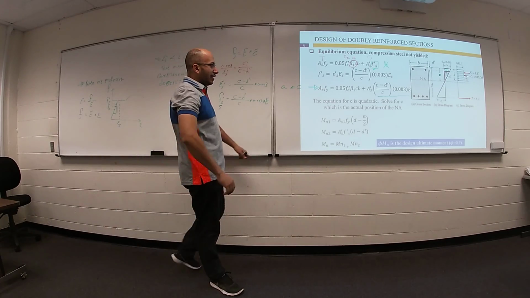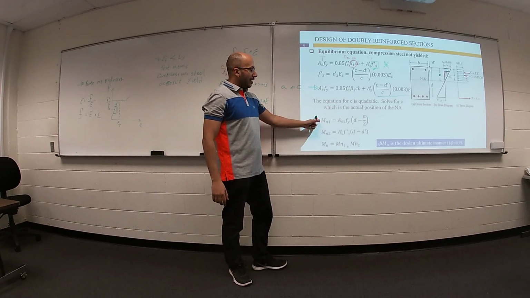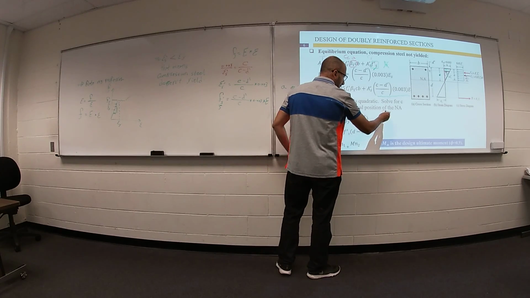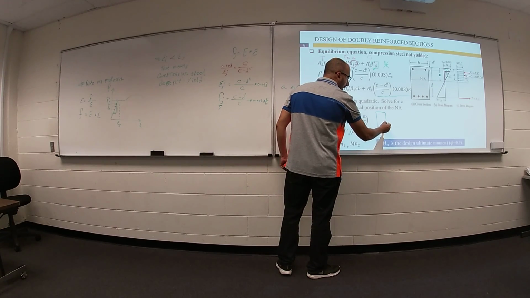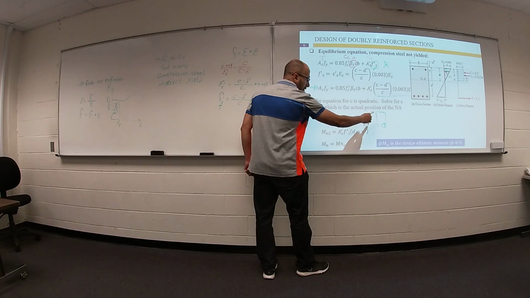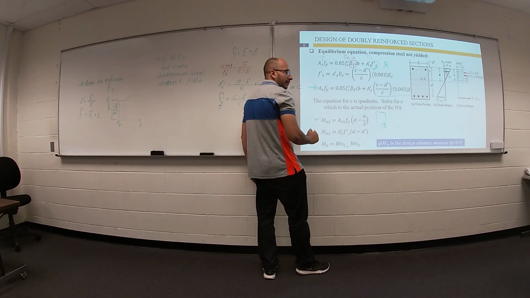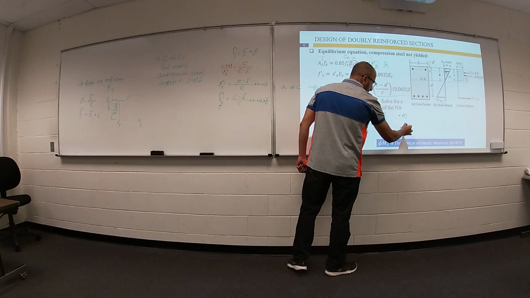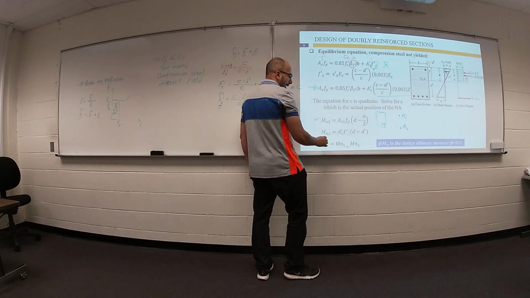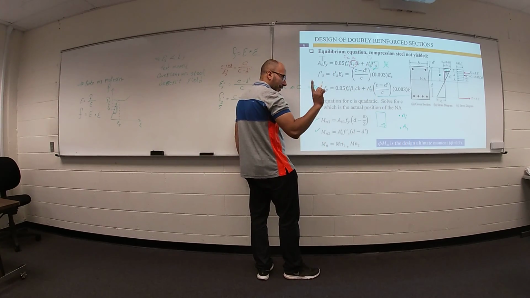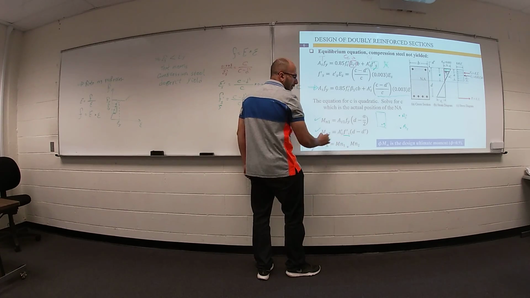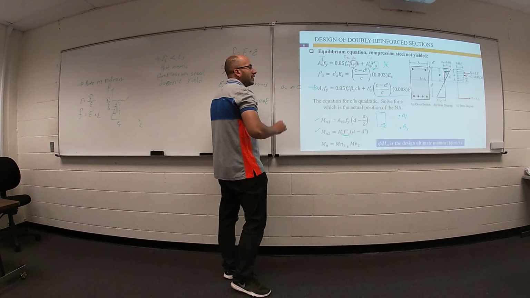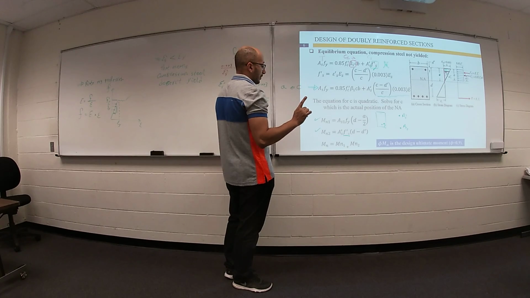Then do the same. For the first part, we have area of steel 1 with concrete only. Get Mn1. The second part, we have area of steel prime and area of steel 2, and get the second nominal moment. But remember, your steel stress is fs prime, not f yield.